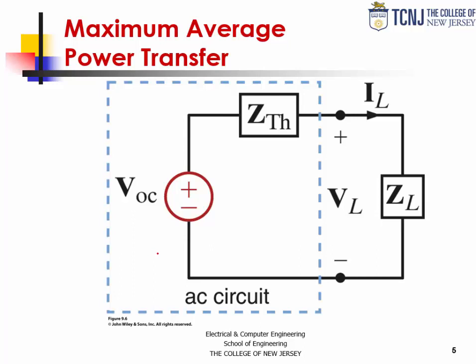At this point, I would like to recall the maximum power transfer theorem that says that for any source that is modeled by the Thevenin theorem with some source voltage through some Thevenin impedance driving a load impedance, the maximum power is going to be transferred from the source to the load when the load impedance is the same as the Thevenin impedance.